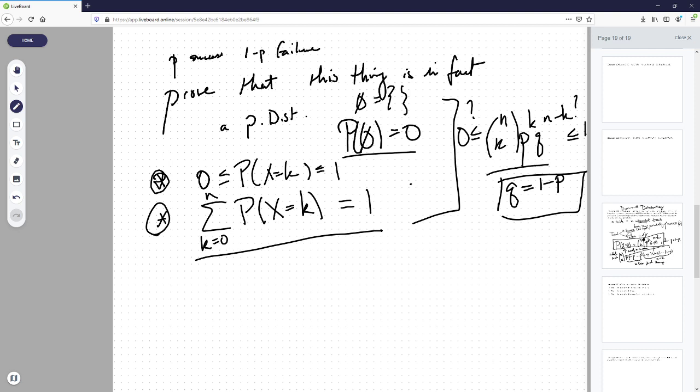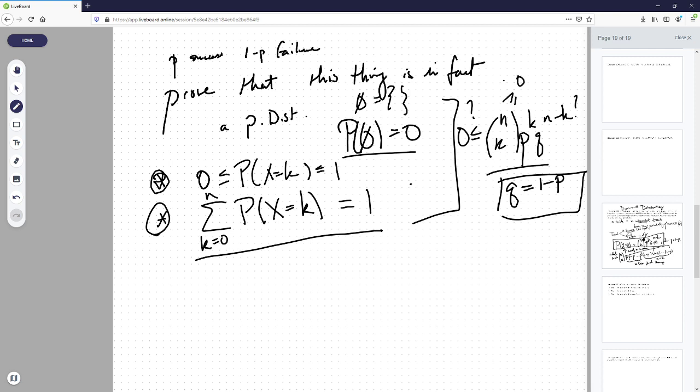Well, I'm not going to prove that it's less than 1 directly. What I am going to do is prove that it's bigger than 0. That's just because n choose k is bigger than or equal to 0.